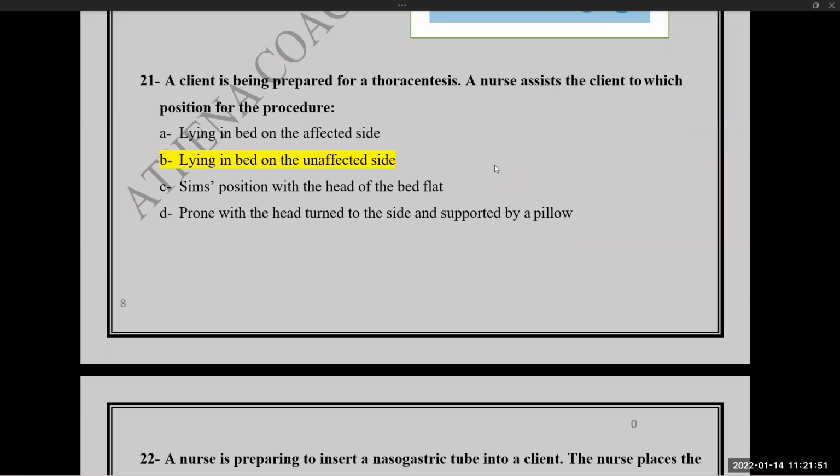No, Sims, no. Prone with the head turned to the side and supported by a pillow. Prone position is not the safest position. The better position for thoracentesis is sitting with a lean forward position. If that is not okay, then the position is lying on the unaffected side. The correct answer is the second one, B.